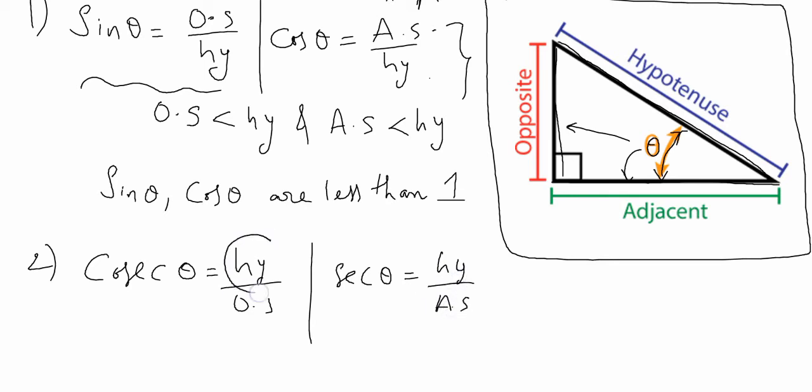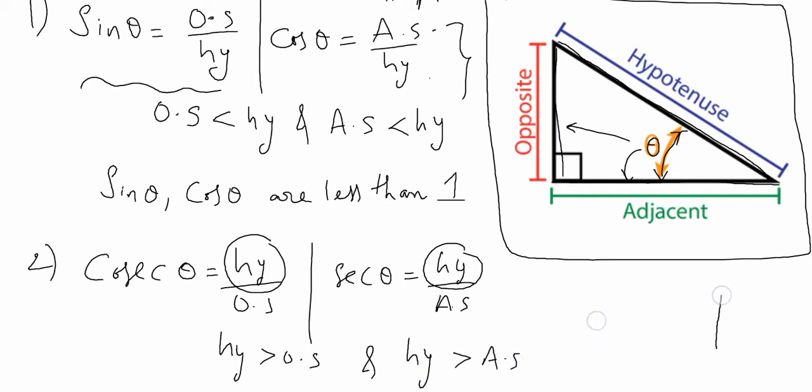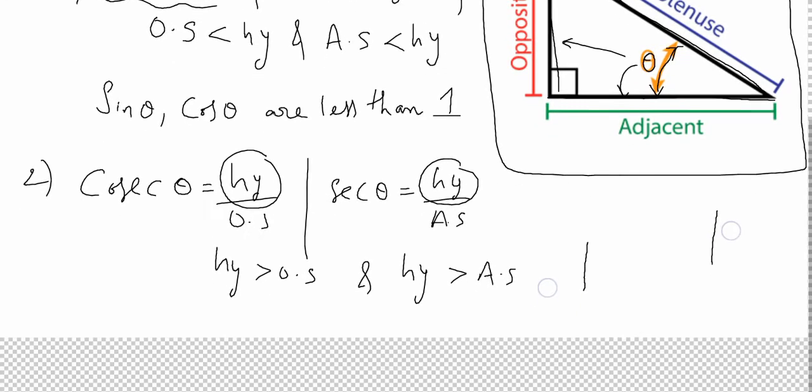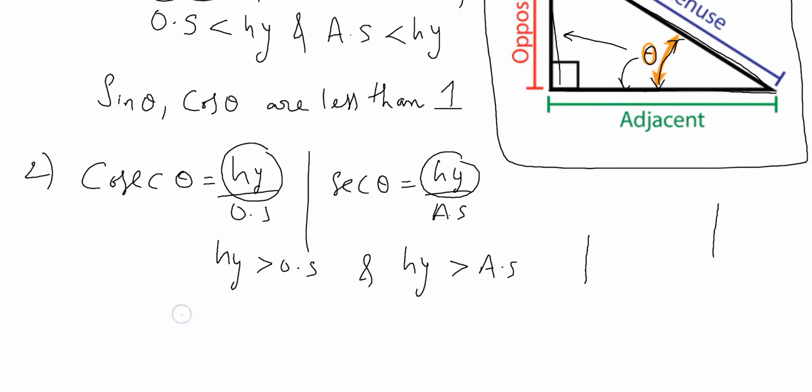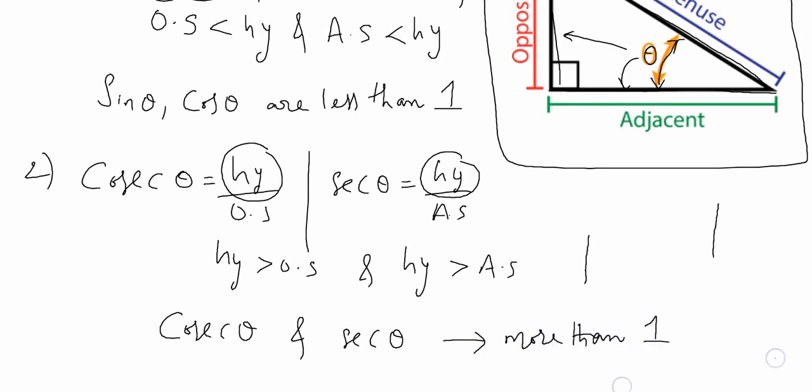So we know hypotenuse is always more than opposite side, and hypotenuse is also more than adjacent side. So this is always more than unity, more than 1. So we can tell that cosec theta and sec theta are always more than 1.